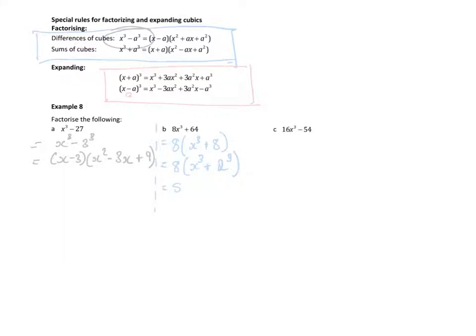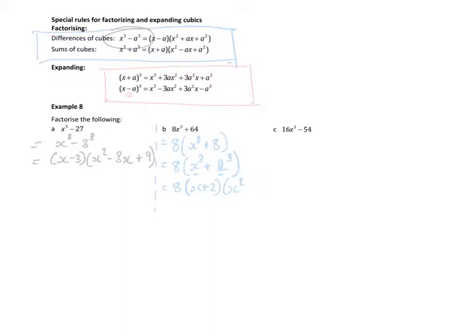Well, the 8 stays out the front. And then it is the first term plus the second term. First term is x, second term is 2. So it is x plus 2. In the next bracket, it is the first term squared, so it is x squared. And then it is take away the first term times the second term.